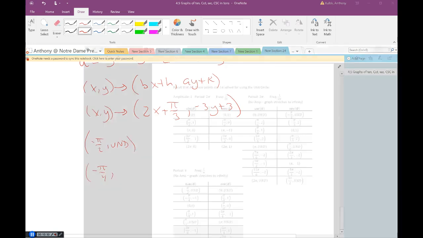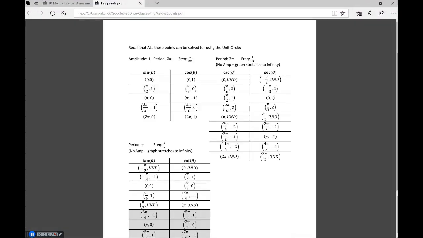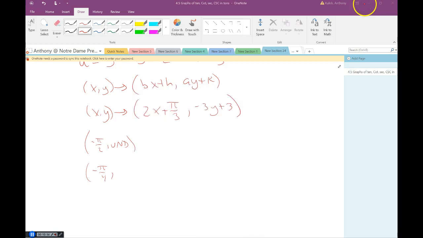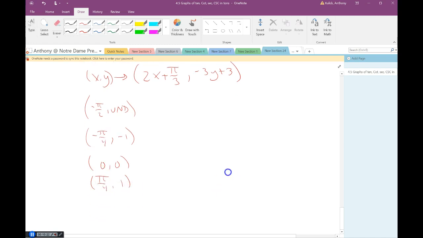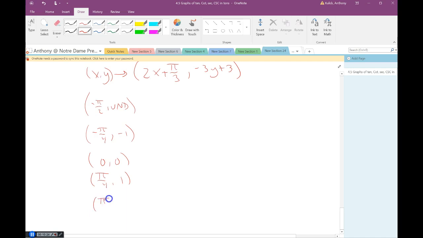I lied. Is that 1 or negative 1 there? Negative 1. Good. That's what I thought it would be. So I wrote down my key points. And now I'm just going to plug those into my map that I wrote.